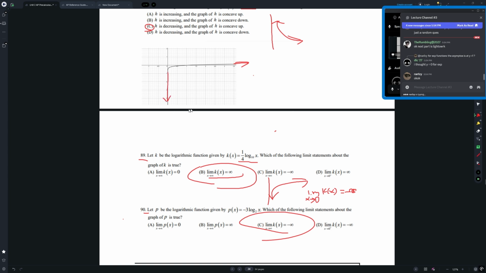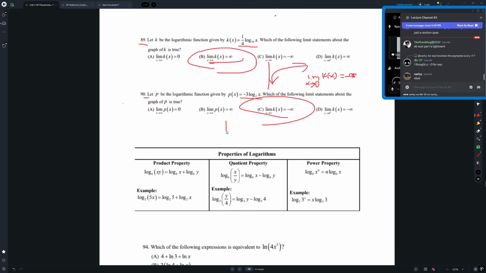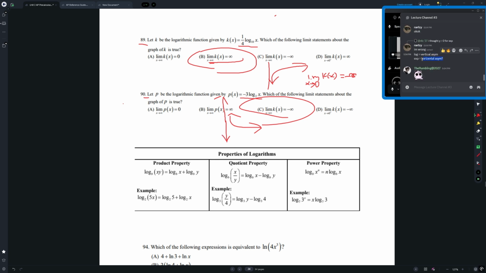So as the limit approaches infinity, so positive x, it approaches infinity. For this one, you have a negative, which means instead of being like this, it's now flipped. So it goes like this with an asymptote. Which means log has a vertical asymptote, exponential has a horizontal.